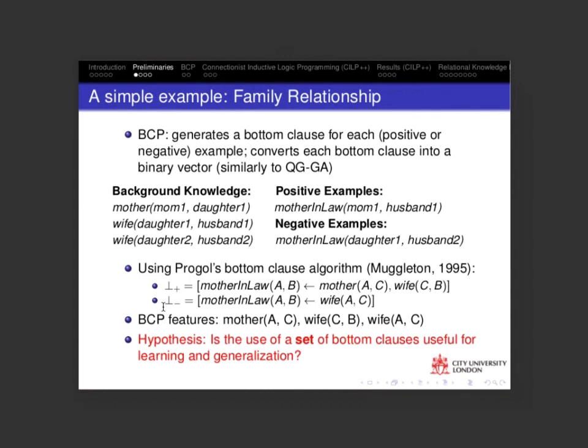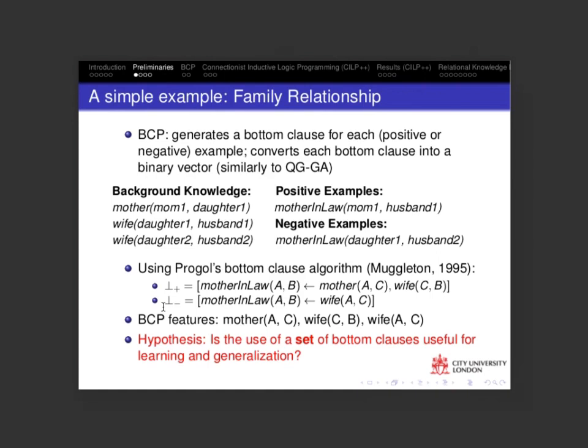So in this process, we're just looking at the data and trying to generate vectors or features like mother AC, wife CB. And the reason why this is called propositionalization, many of you will know, is that we're treating such variables as if they were constants, A, B, and C. And the question was, well, is this a good idea?